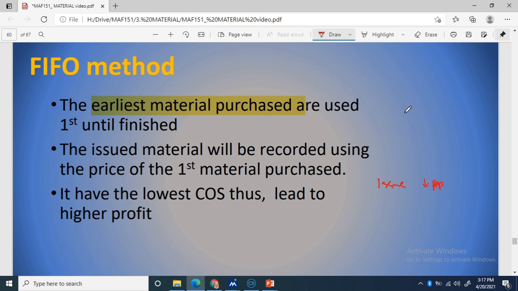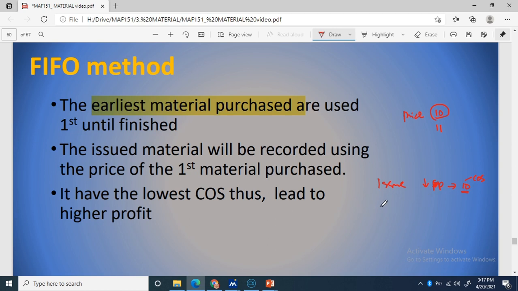If the price is increasing, first 10 ringgit, second 11 ringgit, when you issue the first, you take the 10 ringgit, so you issue at the lower price. When you issue at the lower price, what will happen? Cost of sales will be lowest. You take the lowest one, so you issue at 10 ringgit, the lowest, and this is the cost of sales.